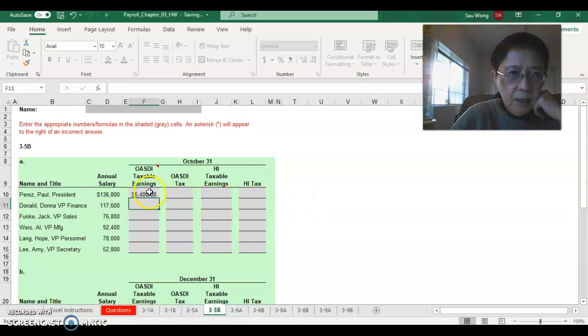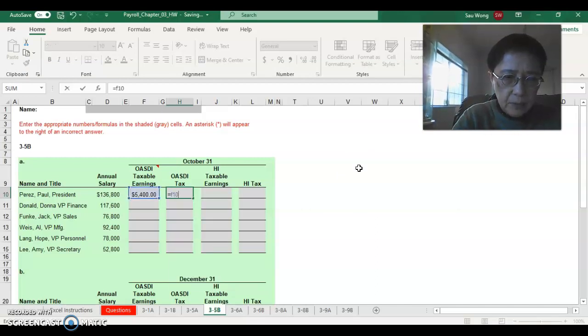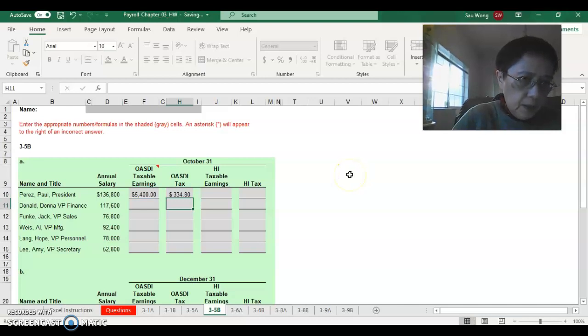He needs to pay the OASDI tax on this. So H10 is equal to F10 times 6.2%, 0.062 as a decimal. So it is $334.80.